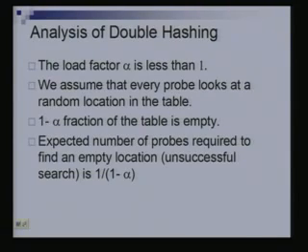Okay, and now we are also going to assume, so this is similar to the assumption that we made in the last class, that every time I probe, I actually look at a random element in the hash table, uniformly random. So the first time I probe, I will take a random location in the hash table and try to put the element there. If it is occupied, then what do I do? Once again, I'll pick a random location in the hash table and try to put it there.